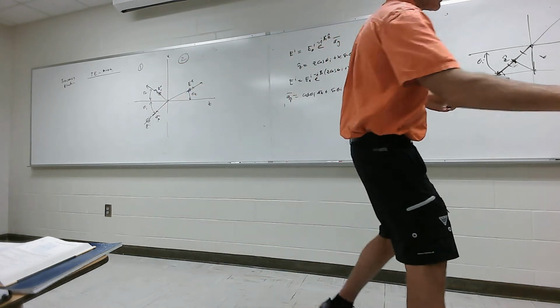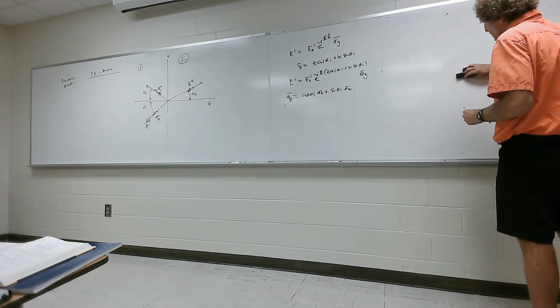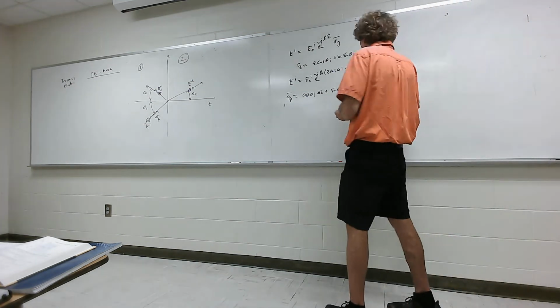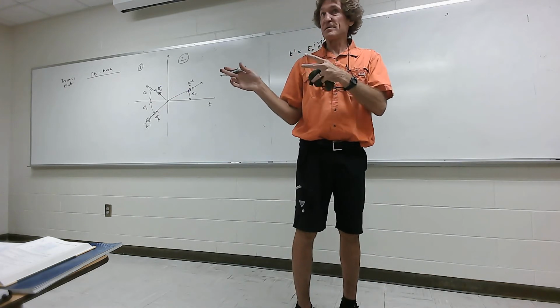Now, if we wanted the magnetic field of the incident wave, what would it be? They're plane waves, remember that. So how do we always get the magnetic field?